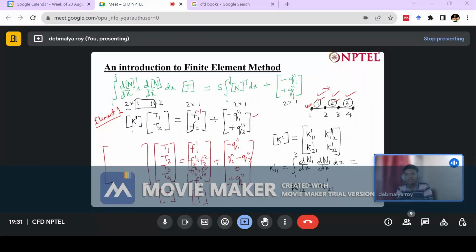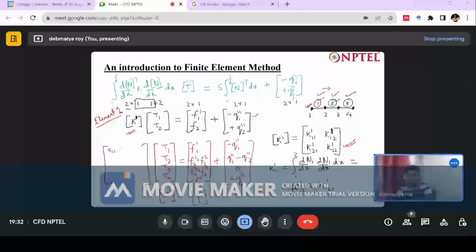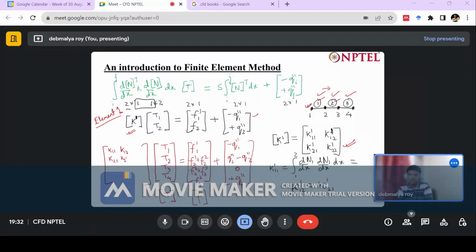Along with this, we also need to find out the equivalent matrix for the stiffness matrix. So K also we need to find an equivalent matrix. We have seen what happens for one element. We have written it down here. We get a 2 cross 2 matrix. While assembling, here also we will see we have K11, K12, K21, and K22. These are from our element 1. So this will remain, and the second element will actually contribute to this K22.